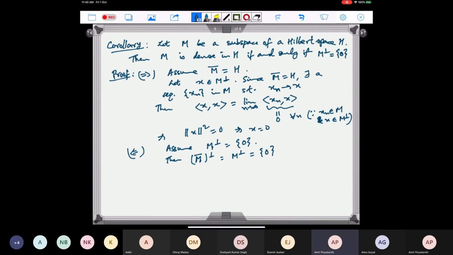And now if I write M closure, M closure direct sum with M closure perp, this is by the previous theorem, if we have any closed subspace, this is equal to H, I should write.